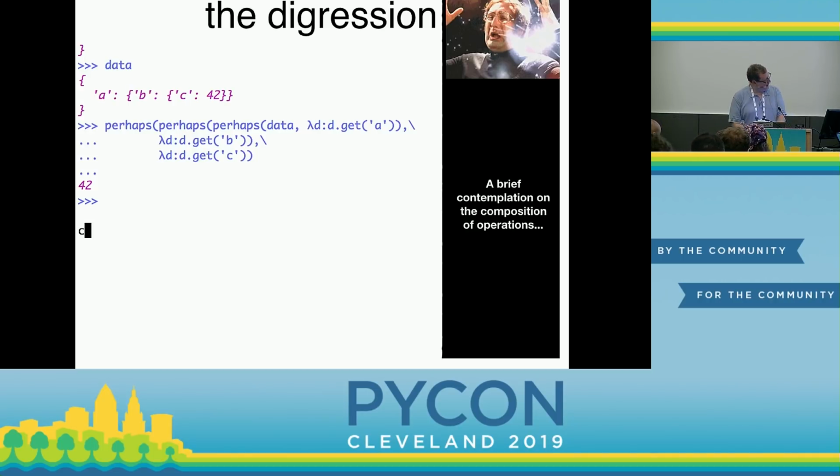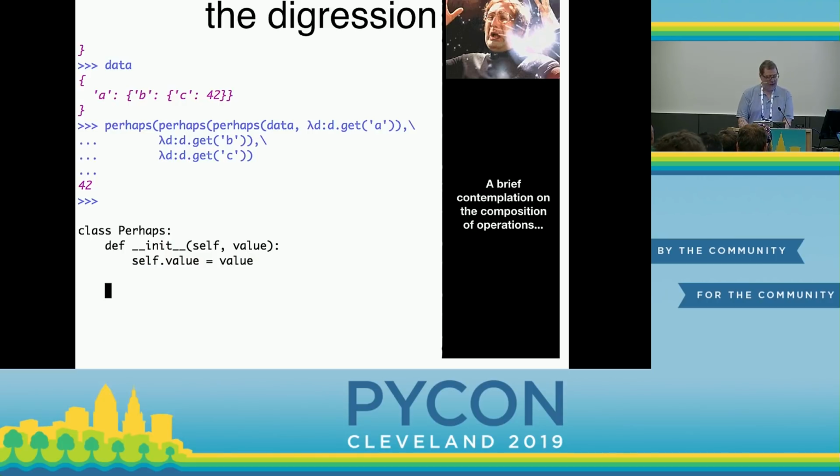I'm going to fix that by introducing a class. Classes are not part of the lambda calculus, by the way. This is a digression. Okay, so I'm going to introduce a class, and then as one does, we're going to do operator overloading.